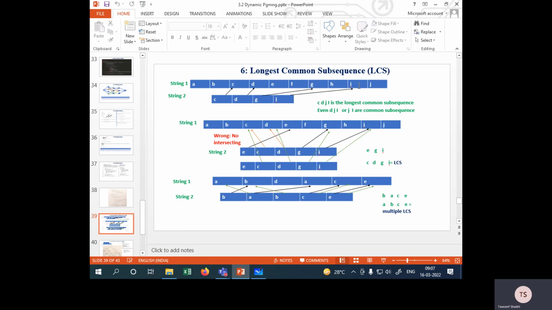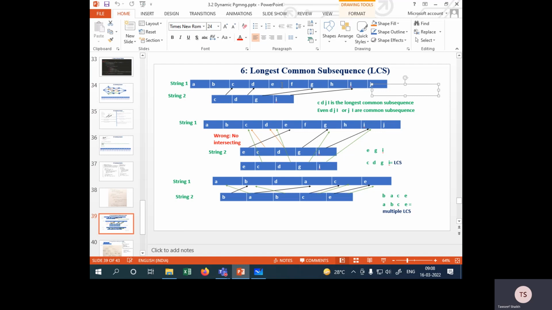The condition is not that the elements should be continuously in the original string. It was C here, then D, then it is G, and in between these two there are still two more. Even so, the order follows like this, so we say that this string is a substring of the original string.